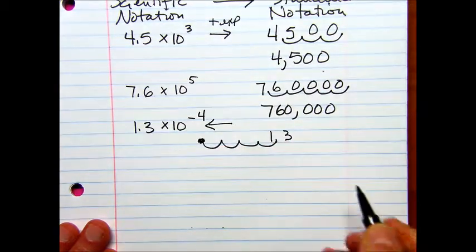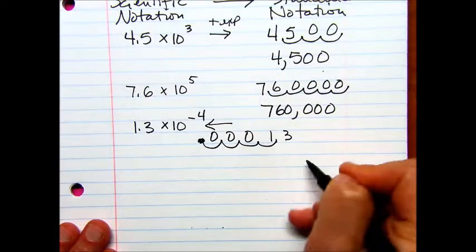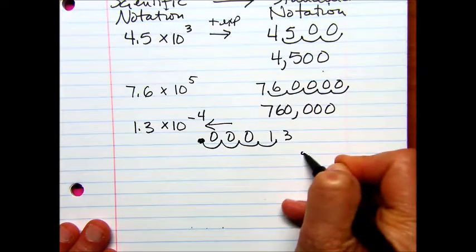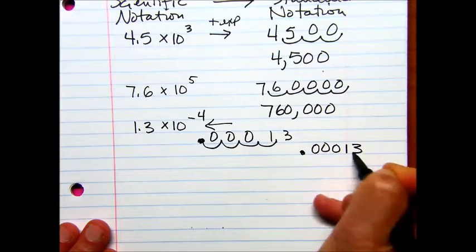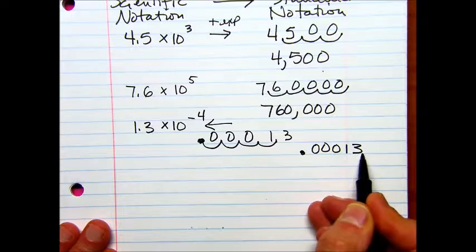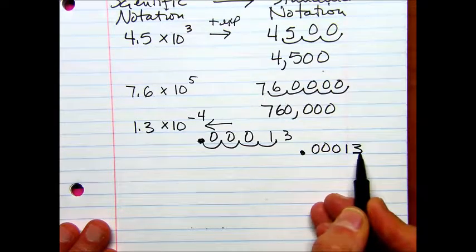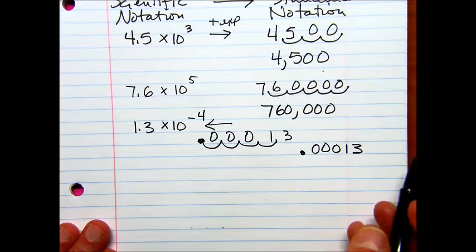That's where my decimal goes, and then I just plug in some zeros. If I want to rewrite this to make it look neat, I've got 0.00013. That's tenths, hundredths, thousandths, ten thousandths, hundred thousandths. So it's 13 hundred thousandths. That's a really small number.